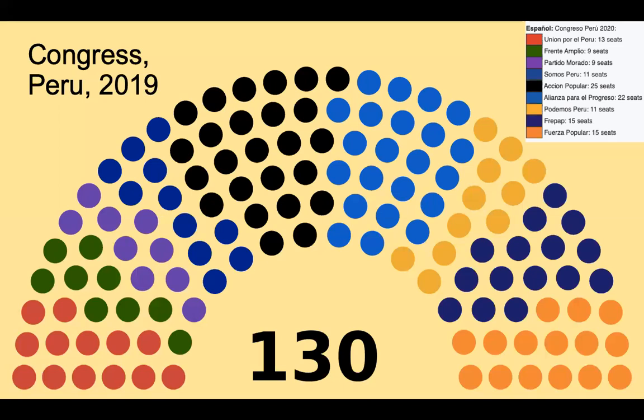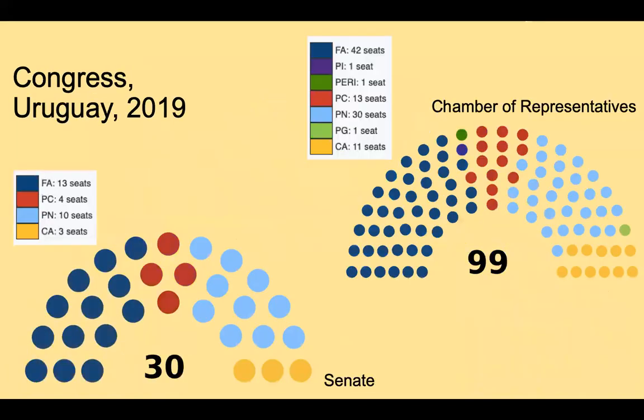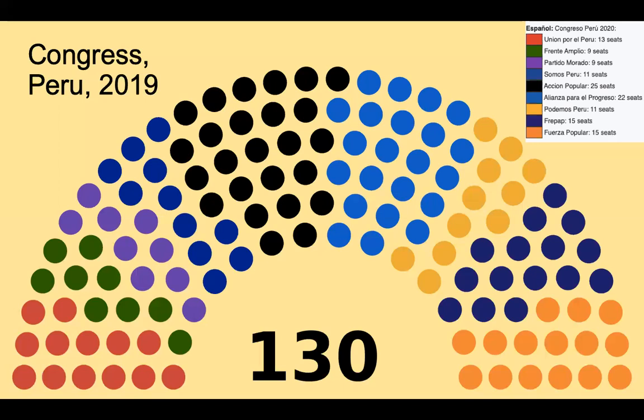We would ask questions like, is the Peruvian Congress less productive or more productive as a result of having more parties? Is the Uruguayan Congress less productive as a result of having two bodies as opposed to one? Does the fragmentation of the vote across many parties in Peru make it more difficult to reach consensus?